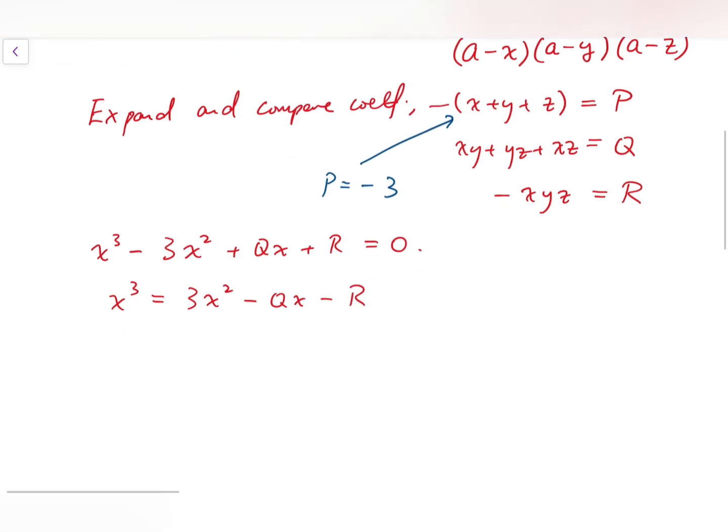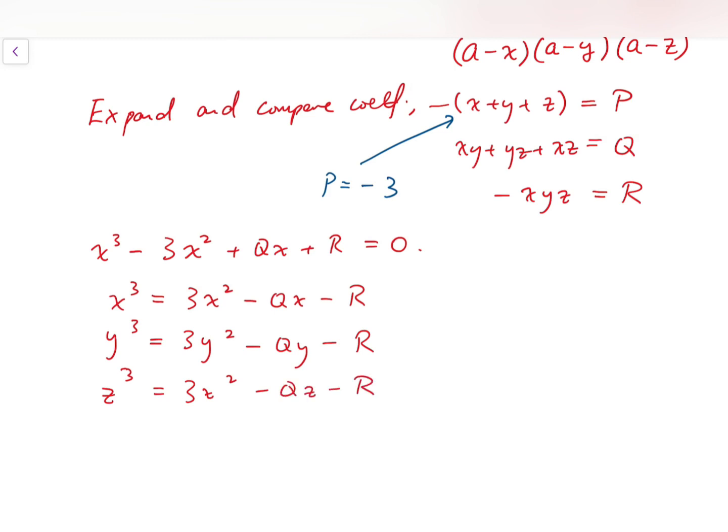And I can do similar things on y and z. And for z cubed, it's an equation of similar form.